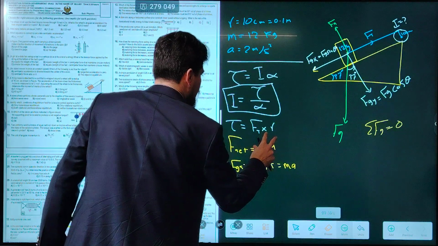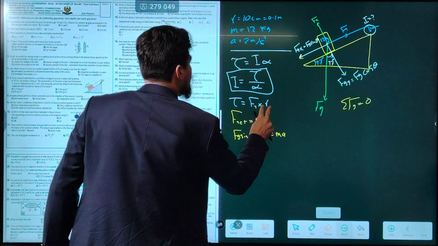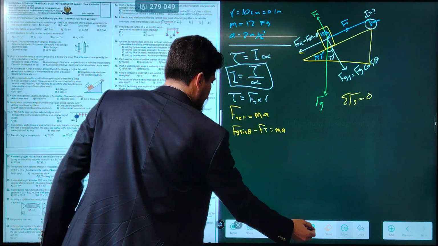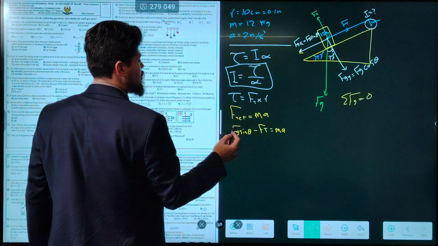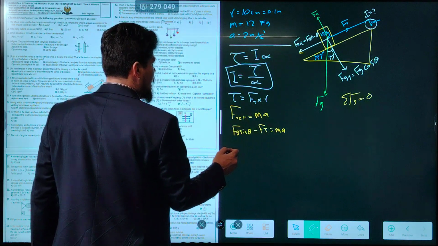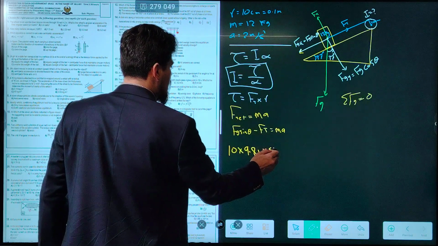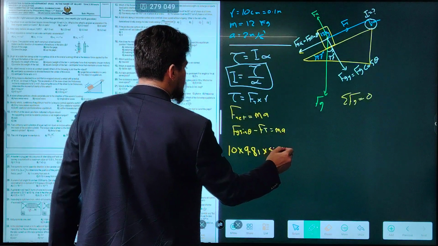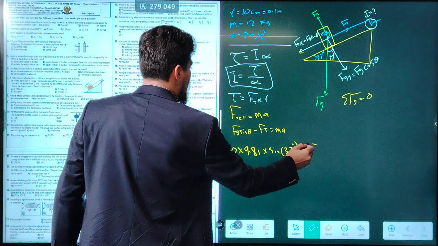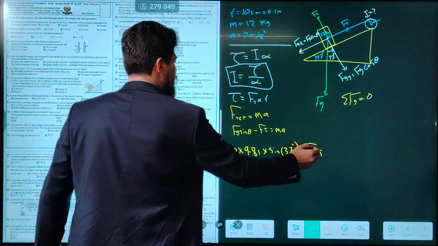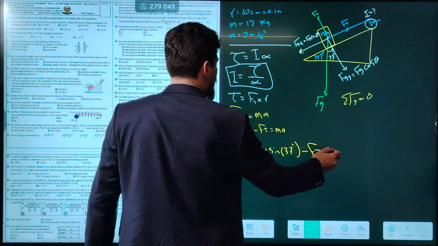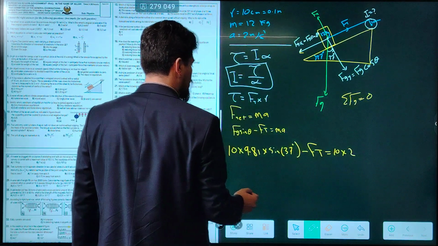Guys, listen carefully. Replace Fg. We don't have Fg, but we have mass and gravity. Mass 10 kilogram times 9.81 times sine 37, minus Ft, unknown, is equal to mass 10 kilogram times acceleration 2.